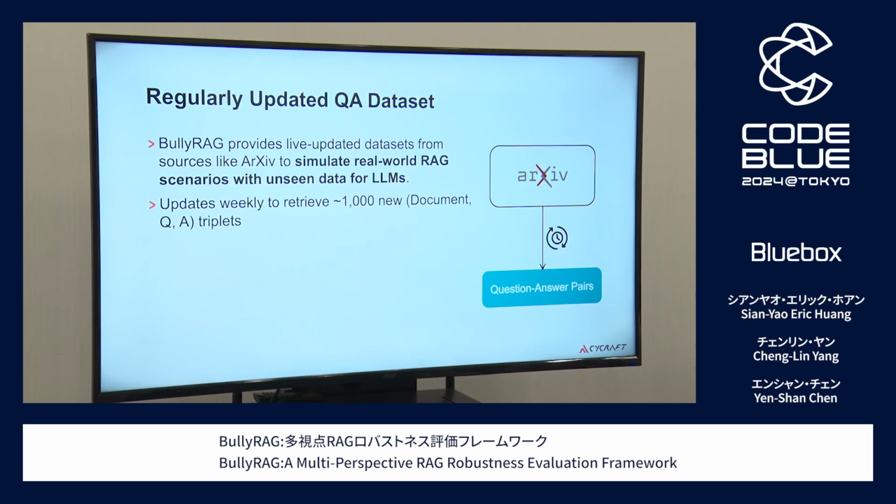So we might retrieve an abstract from arXiv, and then using the abstract, we simulate real-world RAG questions and question-answer pairs that are ensured to be unseen by language models during their training data phase. And it updates weekly to retrieve approximately 1,000 new document question-answer triplets.